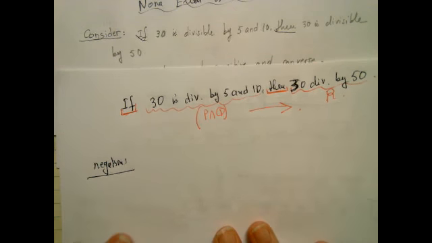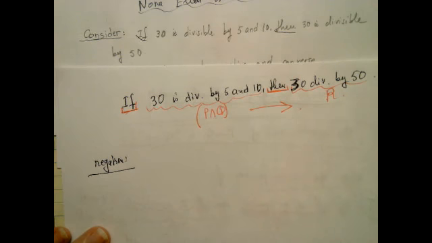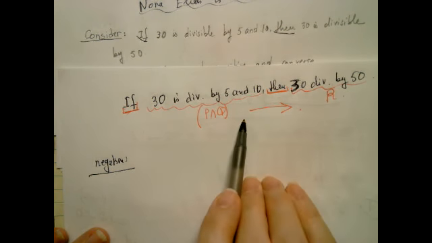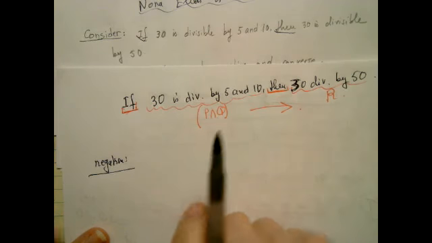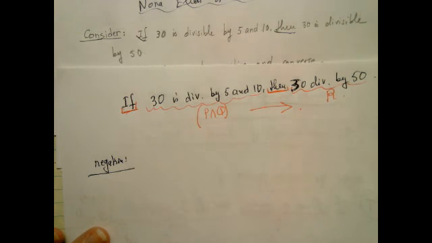Who's ready for the negation? Okay, you say it in words and I write it down. Anyone? Anybody ready? How to negate this? Don't let me pick. I want you guys to tell me.